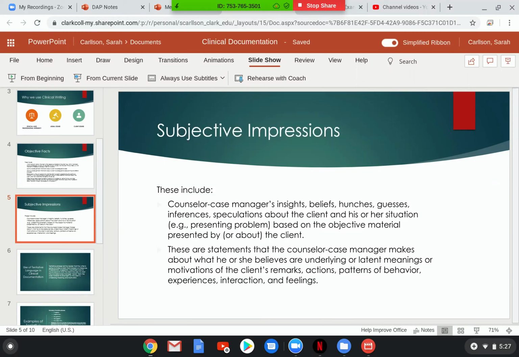So for instance, these are statements that the counselor or case manager makes about what they believe are underlying meanings or motivations for the client's remarks, actions, patterns of behavior, experiences, interactions, and feelings. So again, back to an example.